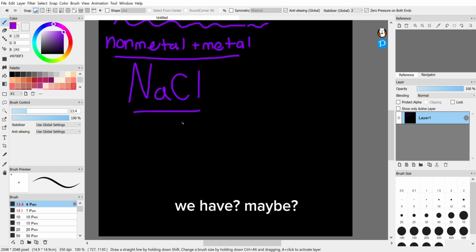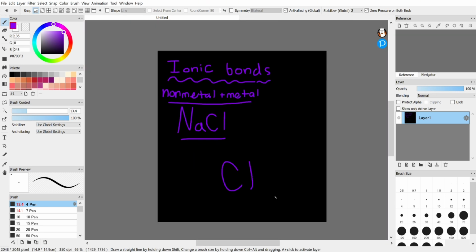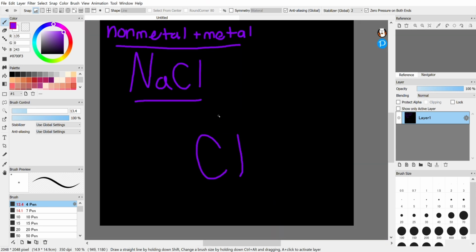We've had this on tests before, and the way that we're going to do the Lewis dot structure for this is sodium has 1 valence electron, and chlorine has 7. So this is perfect because then they're both gonna get as many as they want. So 1, 2, 3, 4, 5, 6, 7.